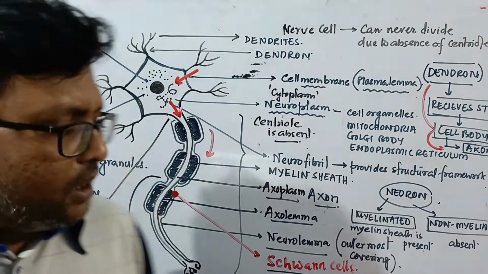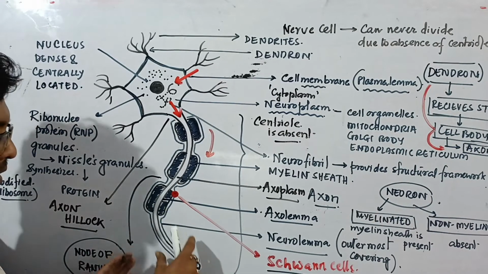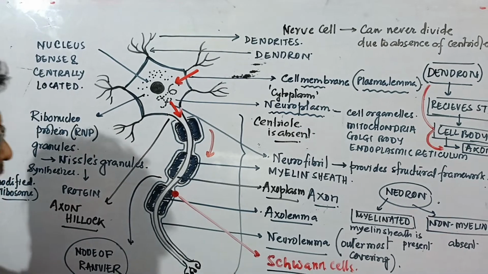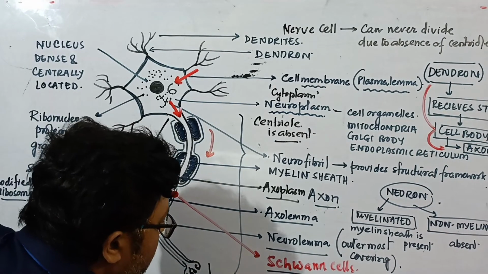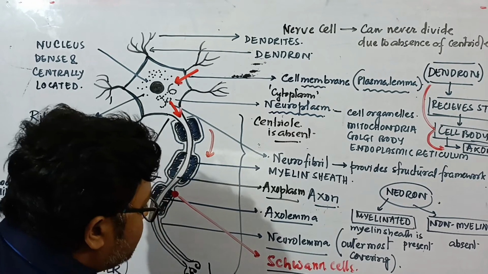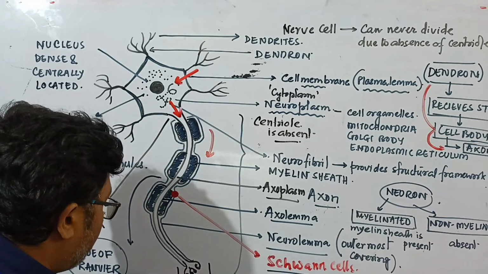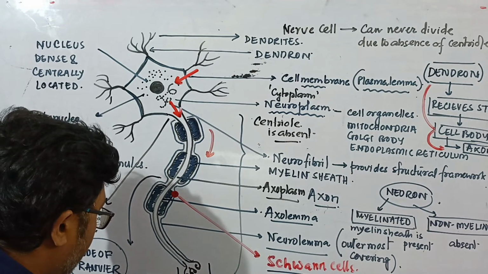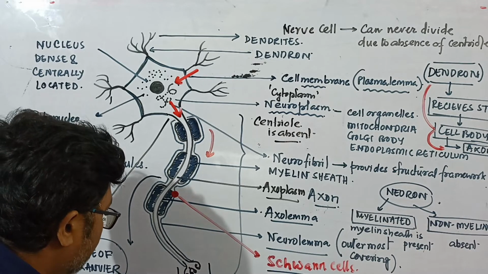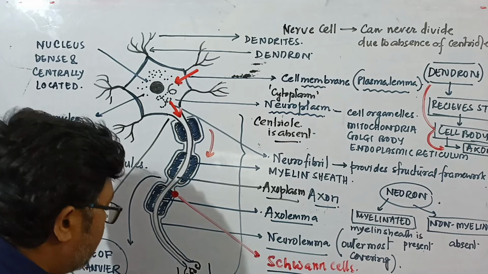Oh, I am really sorry, I forgot. The terminal part of the axon is known as the axon terminal, and the terminal part is generally branched.